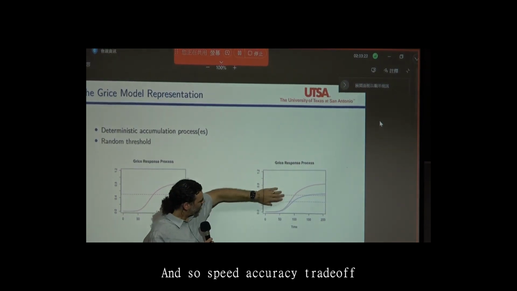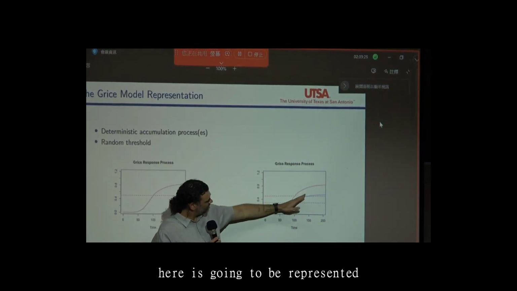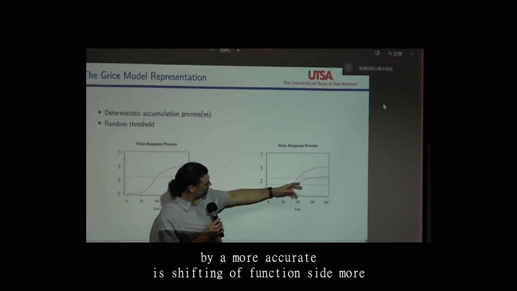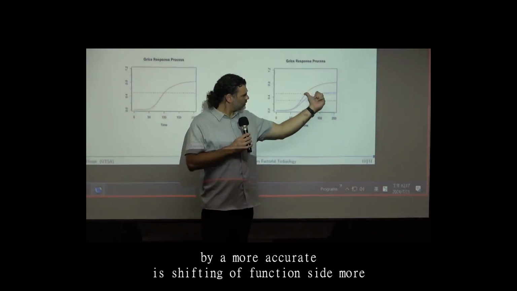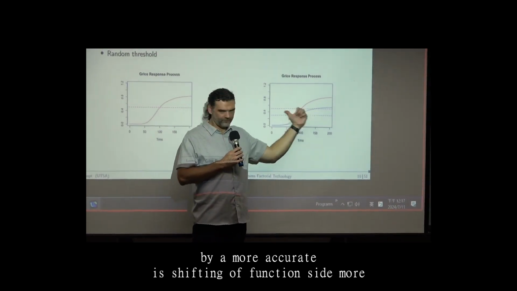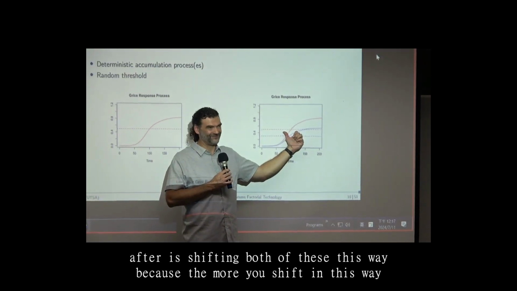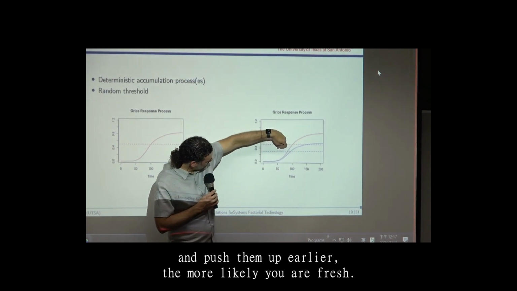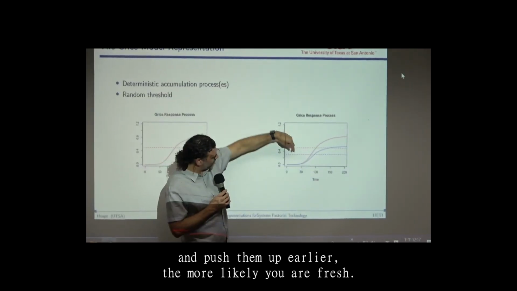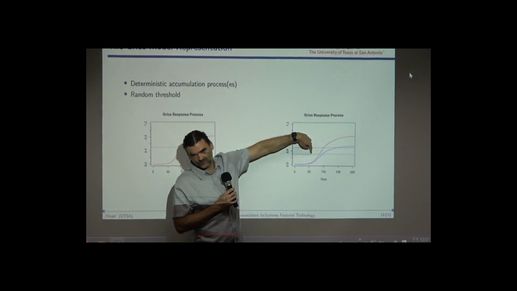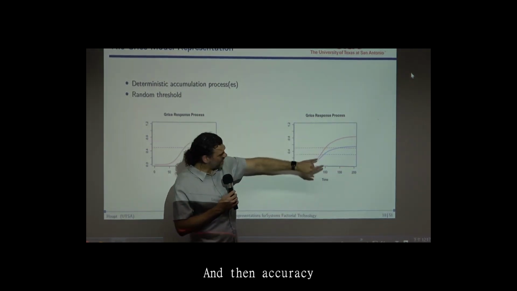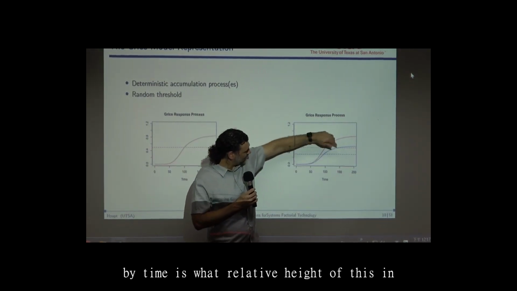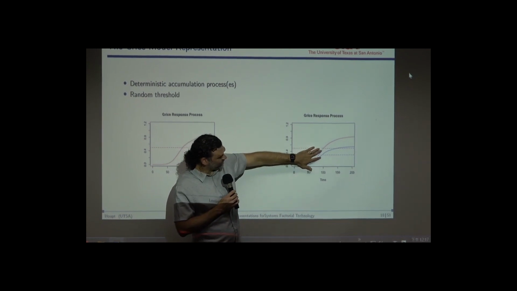Speed-accuracy trade-off here is going to be represented by more accurate shifting both functions, and faster is shifting both of these this way. The more you push them up earlier, the more likely you are to hit the threshold earlier. Accuracy by time is what the relative height of these things are.